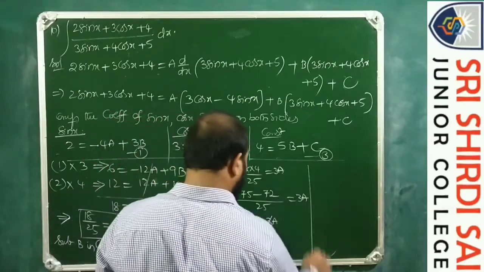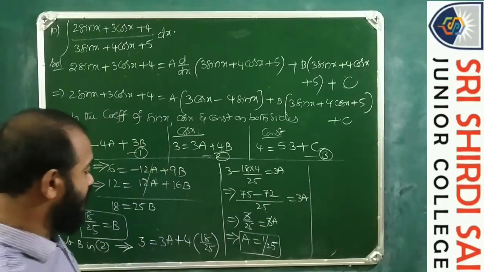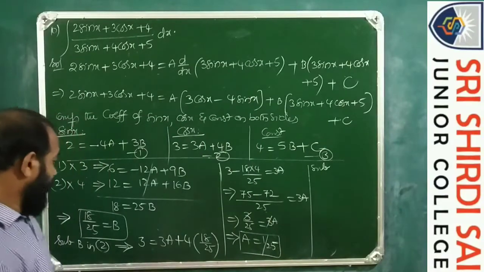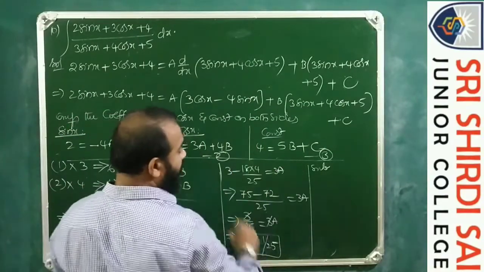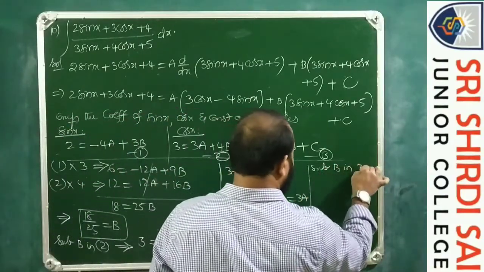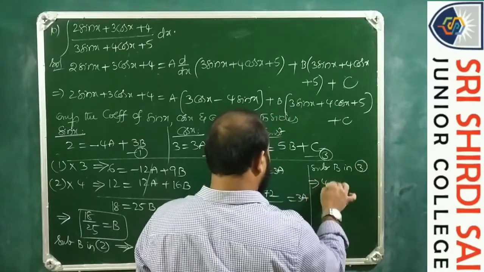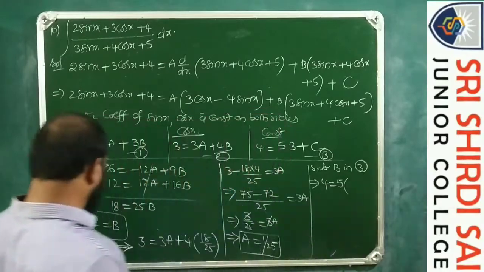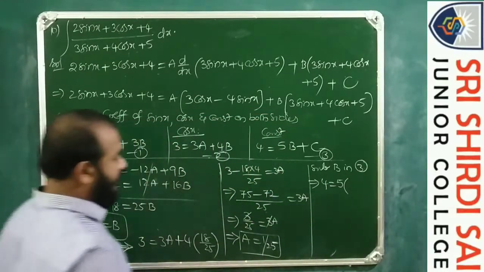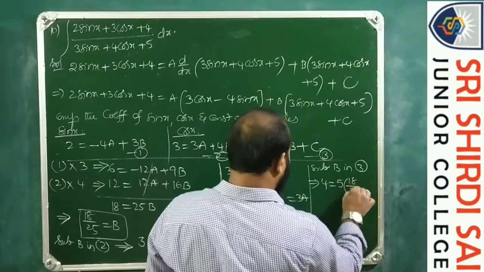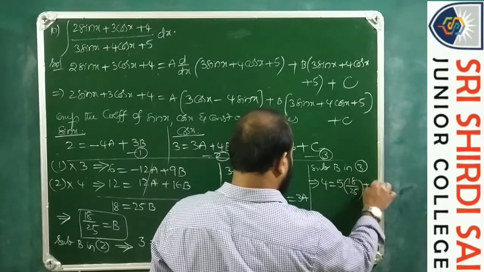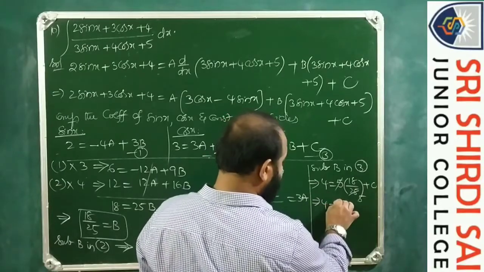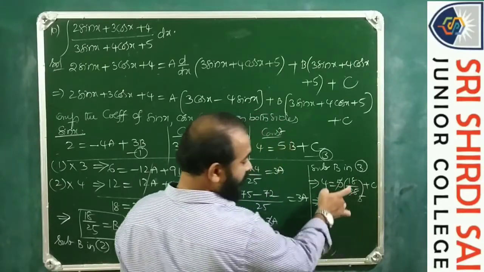Now substituting B in the third equation. So 4 is equal to 5 into the value of B, which is 18 by 25, plus C. So 5 5s are 25, so this is 18 by 5.